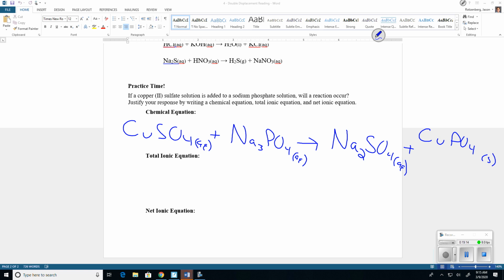I'll write that formula incorrectly. So I put the copper 2 and the phosphate together, but now I have to cross and drop however you think you need to do it. That would be the formula of copper 2 phosphate.